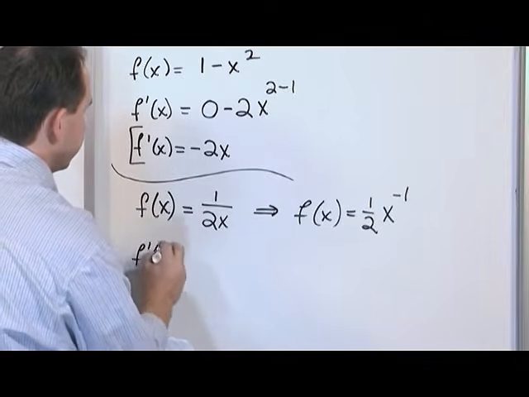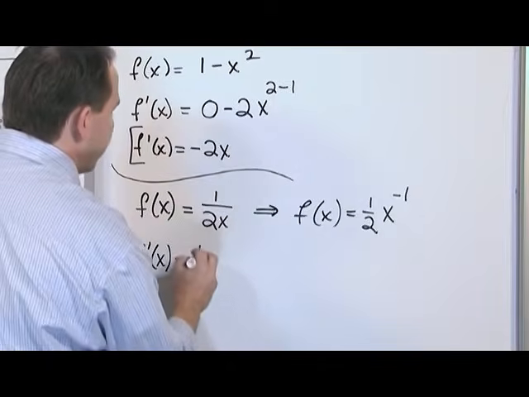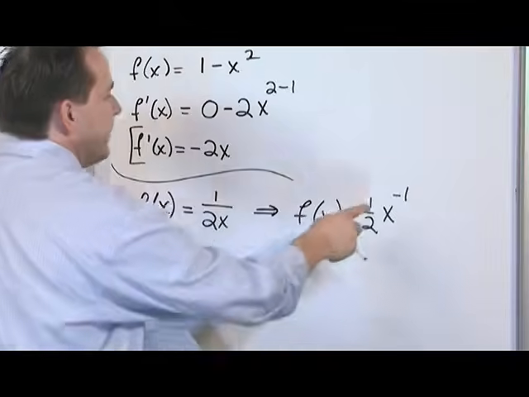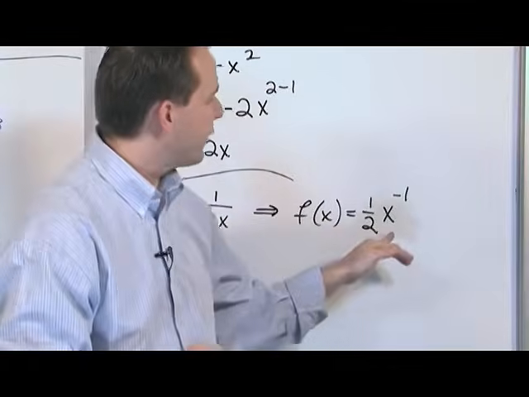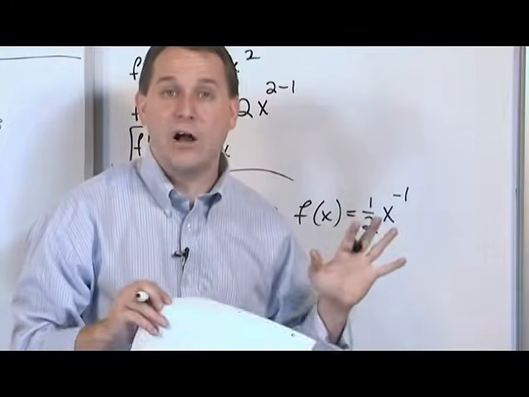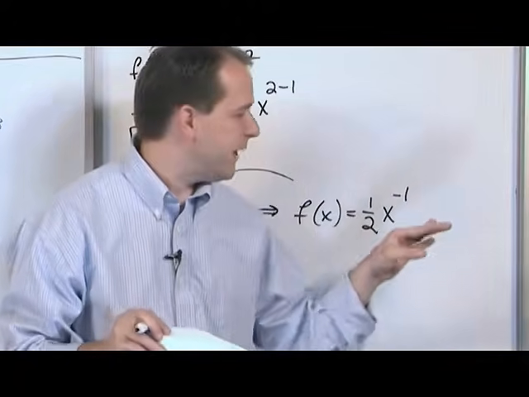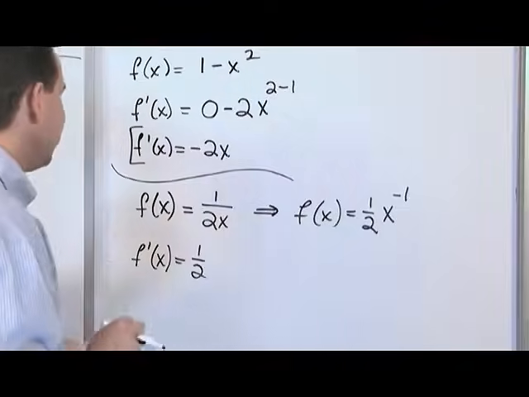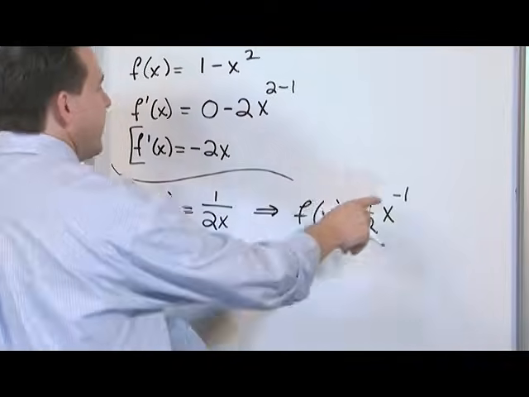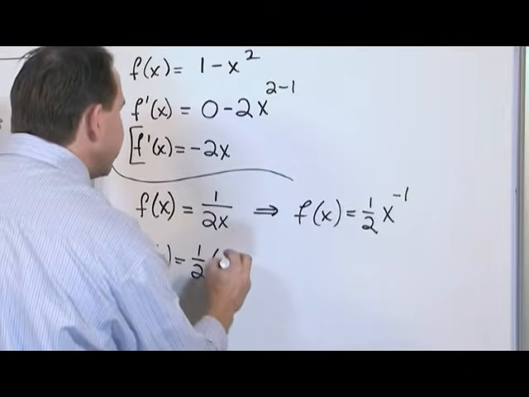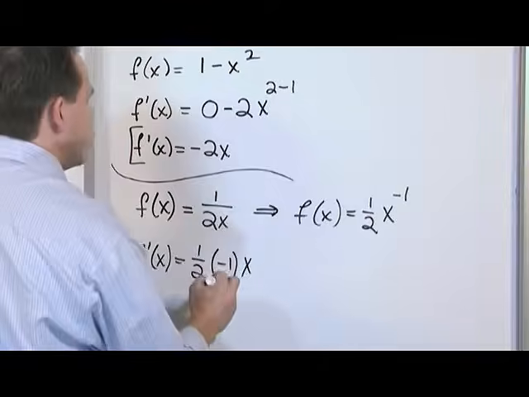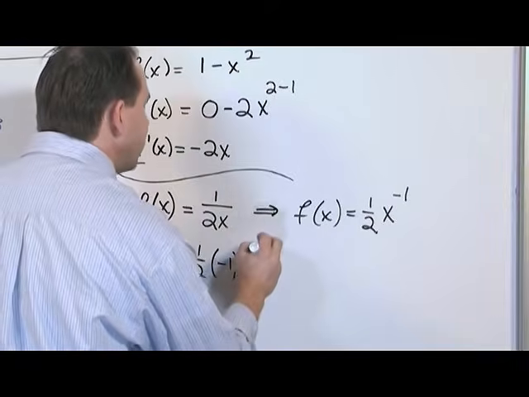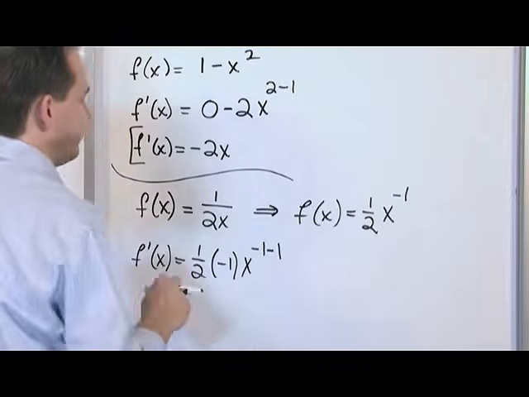So the derivative is going to be, the 1/2 is just going to stay out front, and then we take the derivative of this. Now you do have to be careful, but I will tell you that it does follow the exact rule, but you do have to be careful because negative exponent can kind of get a little tricky if you're not careful. The negative 1 does come down, so you have negative 1, and then you write x, and then the exponent you have to subtract 1, but you have negative 1 minus 1.